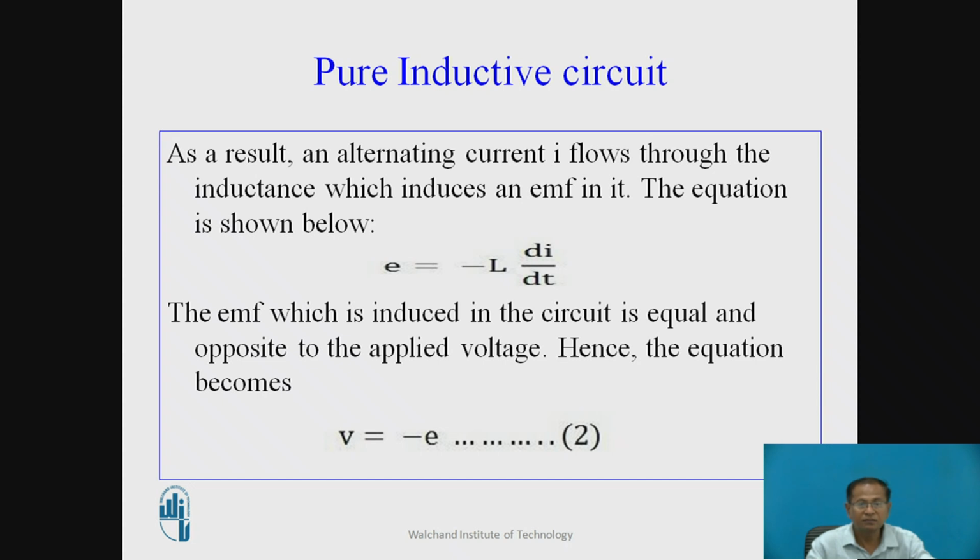As a result, the alternating current flows through it, which induces the EMF. Therefore, the equation is given by E is equal to minus L di by dt. The EMF induced in the circuit is opposite to the applied voltage. Therefore, the equation becomes applied voltage is equal to minus E.